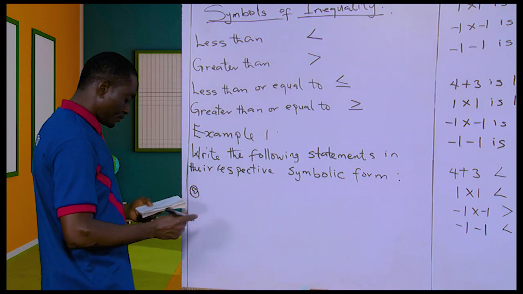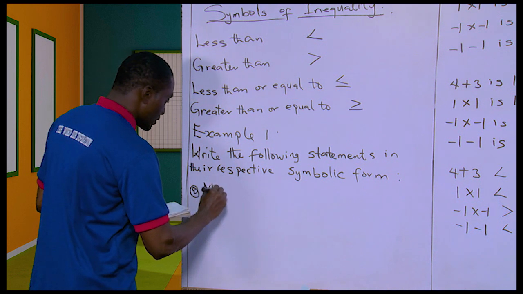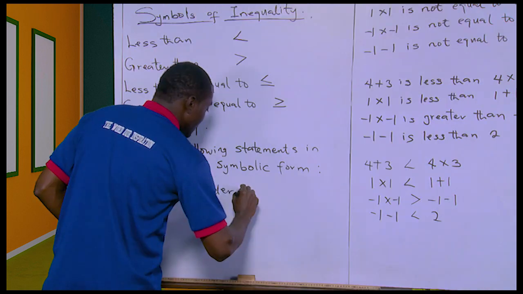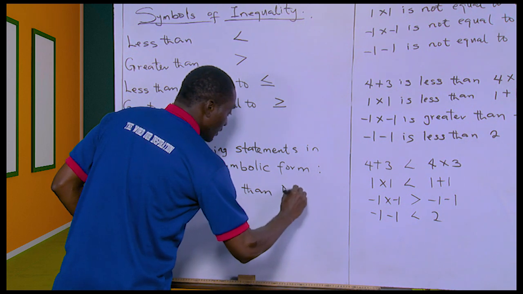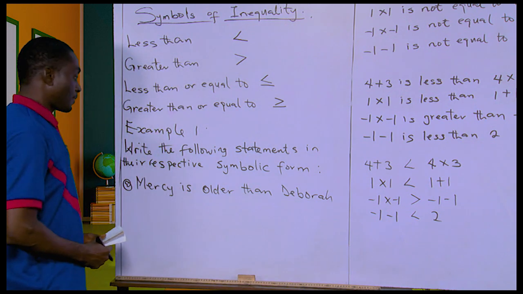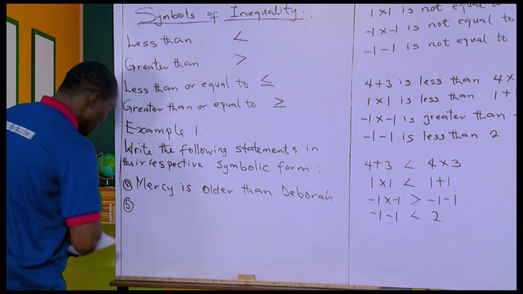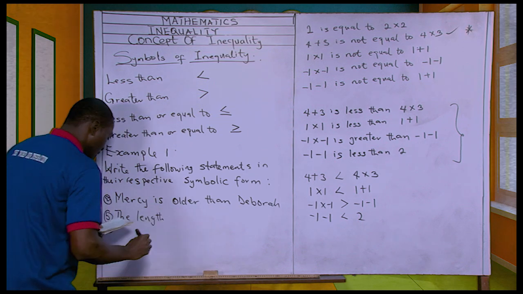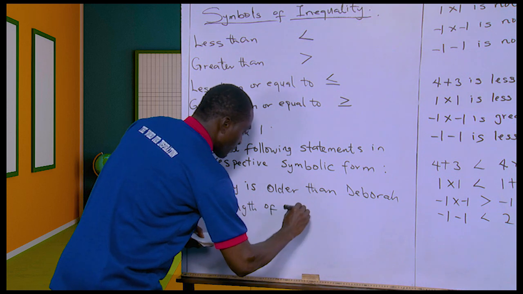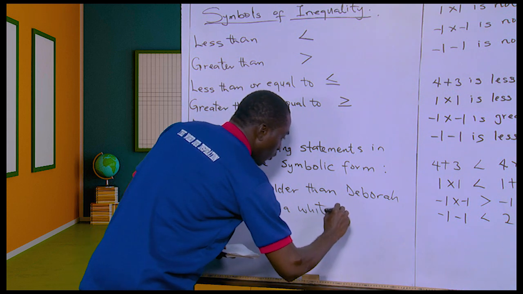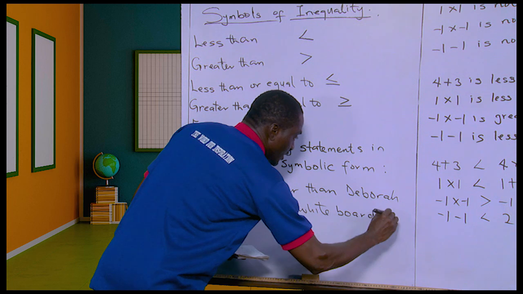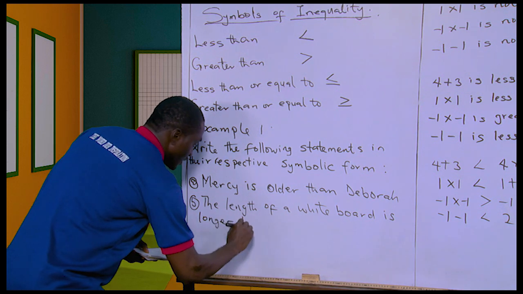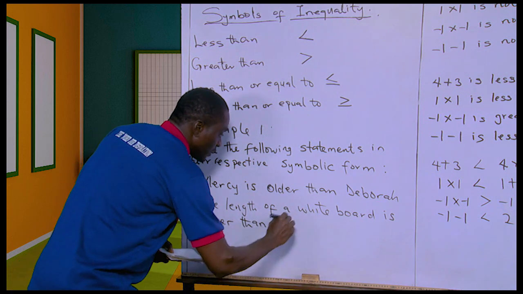A. Mercy is older than Deborah. B. The length of a whiteboard is longer than its breadth.